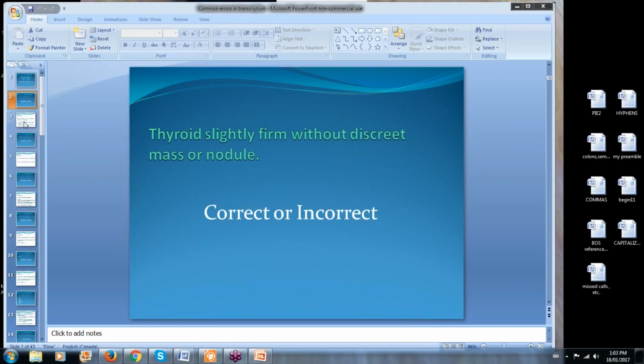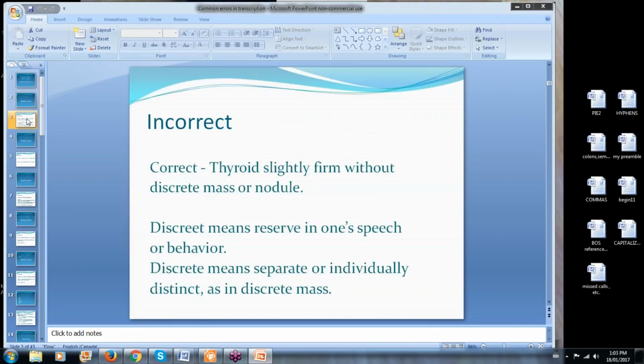That's right, exactly. It's incorrect. It doesn't need a colon or anything like that. It's because this is the correct way, discrete. This kind of discrete means reserved in one's speech or behavior, where this discrete means separate or individually distinct, as in discrete mass. You'll hear that quite often in the physical exam section. Okay, so is everybody clear on that?